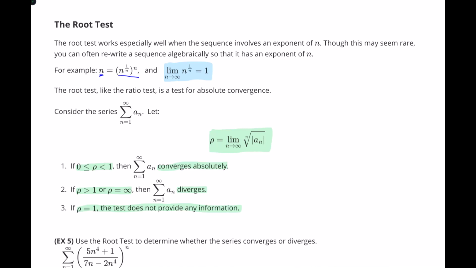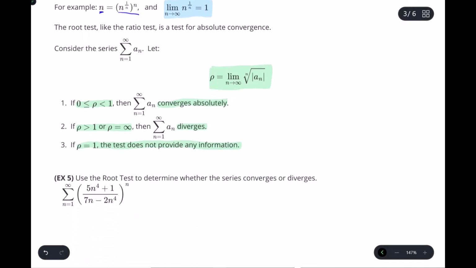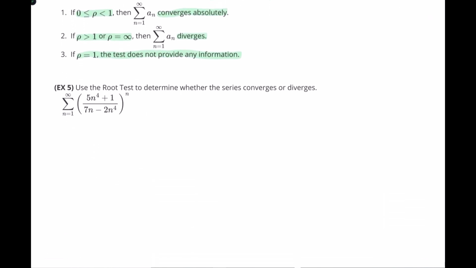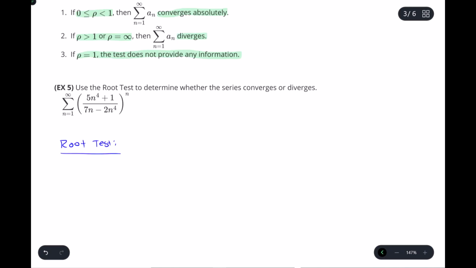Let's jump into some examples here. And here's a pretty standard example for the root test. So I have the series as n equals 1 to infinity of some function raised to the nth power. So just everything's raised to the nth power. And when you see that power of n, that's a clear indicator that you should probably use a root test here.